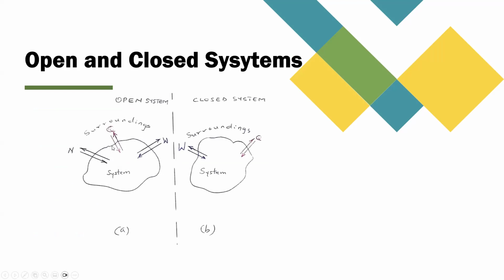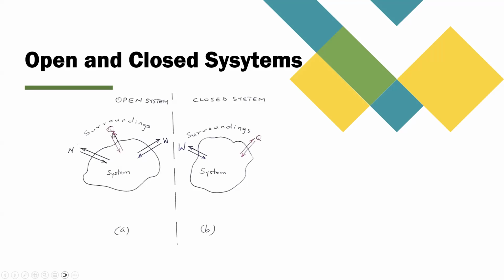The system can exchange matter or material with the surroundings. Thus, n can flow in and out. This means that this boundary is permeable. The system can exchange heat and work.